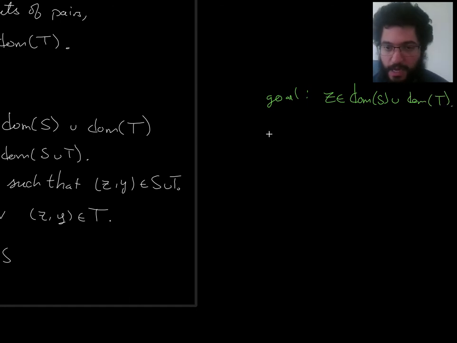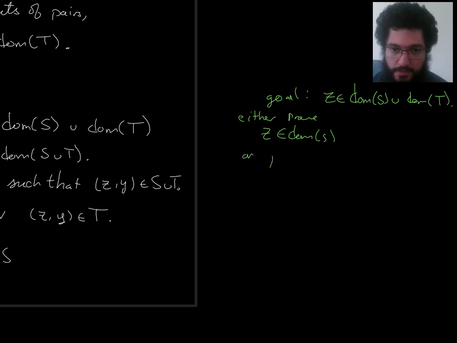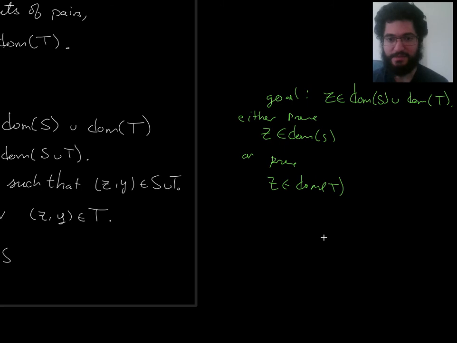So unpacking that means I want to prove that z is either in the domain of S, or in the domain of T. Those are two paths that I can take to reach the same end goal, which is z is in this union.